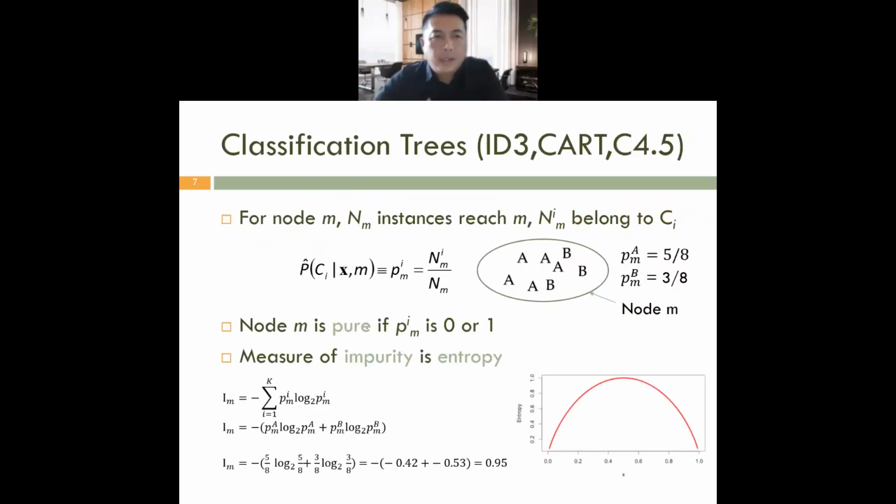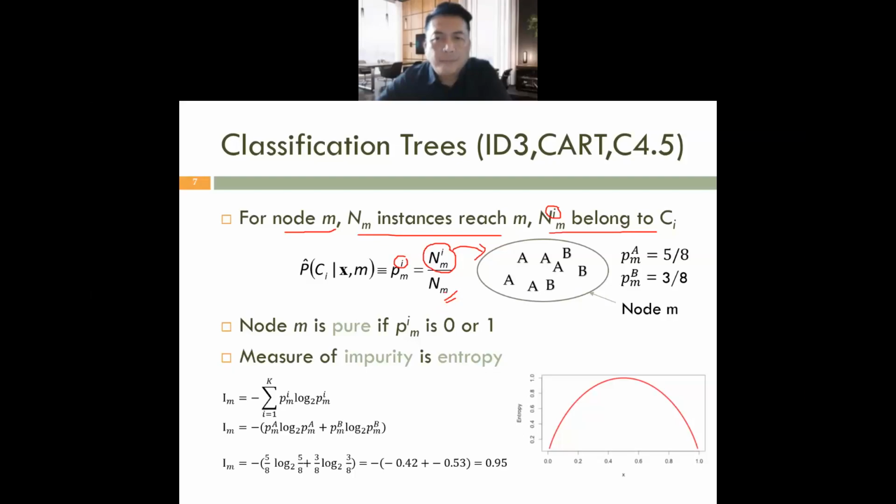So for each node that we have in our tree, we may have m samples of data, and we could have this number of items that belong to class i. The probability of having class i in this particular node is defined as how many of the members belong to that class divided by the size of your node.